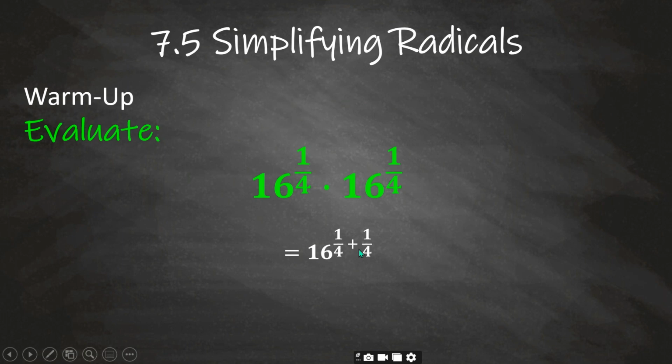So 1/4 plus 1/4 simplifies to be 1/2. So 16 to the power of 1/2 is the same thing as the square root of 16, which hopefully you remember is equal to 4. So that's just one example of using rational exponents that we learned in our previous lesson.